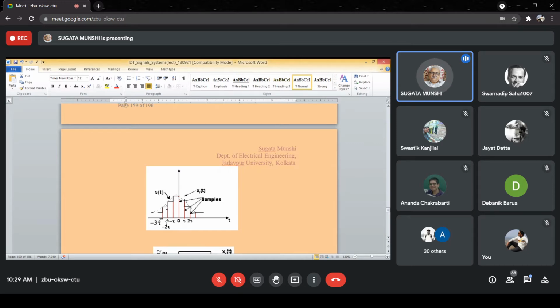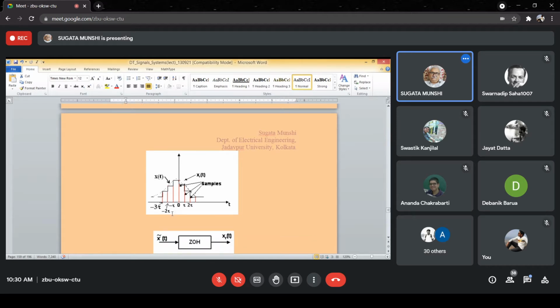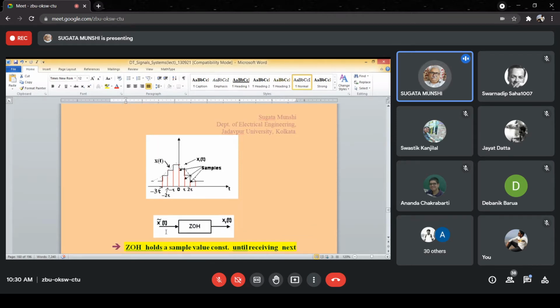Once that new sample arrives, it captures that new sample and holds it until the new sample arrives at t equal to minus tau. In this way, the output of the DAC approximates a continuous time signal in the form of a staircase signal. So this is simply staircase reconstruction of the analog signal that we desire. So x tilde(t) is the input to the zero order hold, output is xr(t).